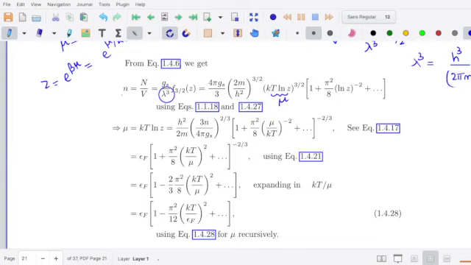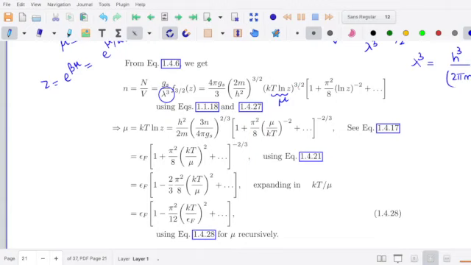Take all these terms to the left hand side and then take the power 2/3. So that will give me mu. So mu, which is kT log z, is equal to, by solving this equation and taking all of them to the other side, h squared by 2m times (3n by 4 pi g_s) to the power 2/3, because we have to take the power of 2/3 to get rid of this factor.